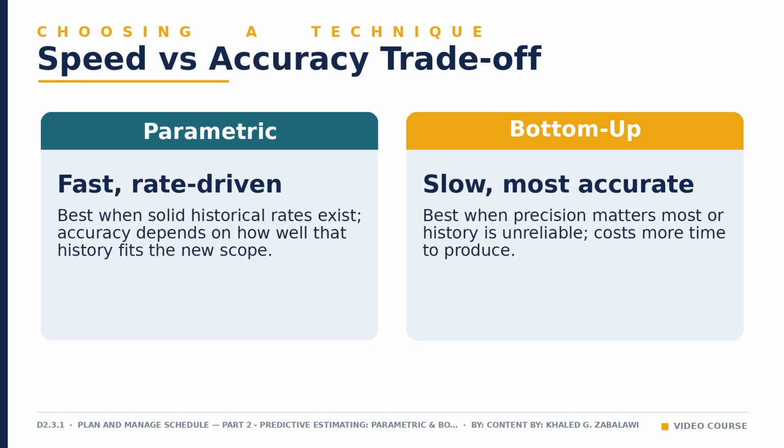But that accuracy costs time. Decomposing and estimating dozens of small tasks takes far longer than a single multiplication or division. In practice, project managers often use parametric estimating for a quick rough order of magnitude early on, then apply bottom-up estimating later for the activities where getting the number right truly matters most.